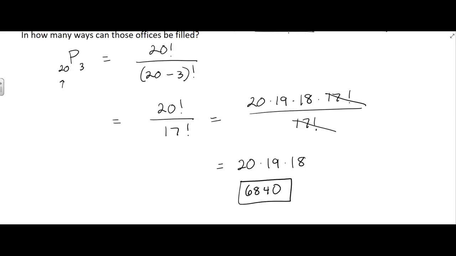Okay, it's kind of surprising, but that's why the lottery is so hard to win because there's so many different combinations, right? I'm sorry, permutations. Okay, well, it depends on how the lottery's set up, I guess, if it's a permutation. We are going to talk about combinations in a little bit. Okay, so that's what it is, 6,840 permutations for the ways to get those officers.